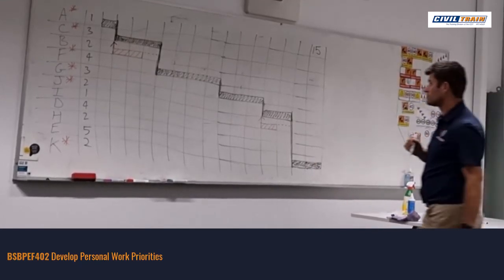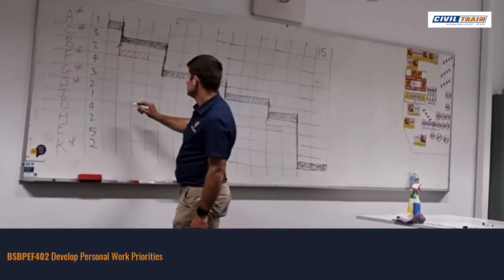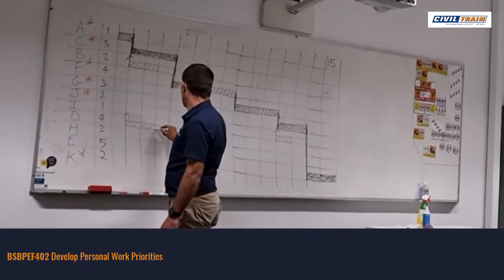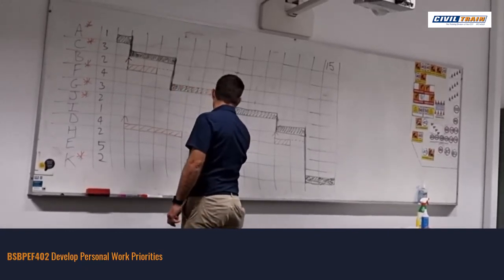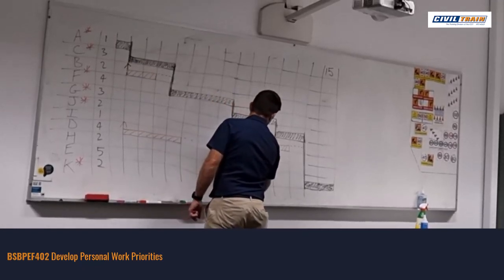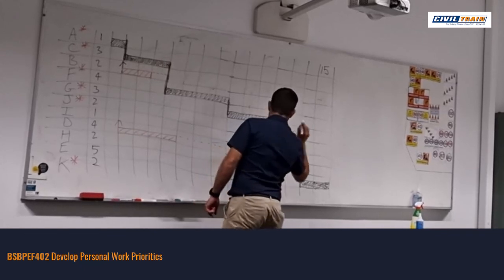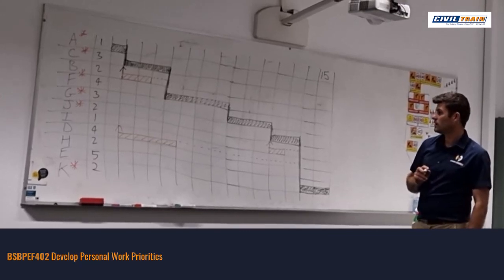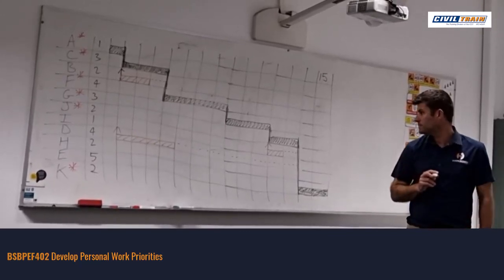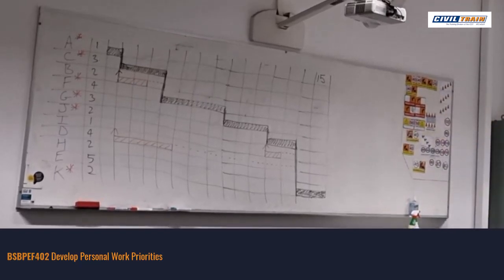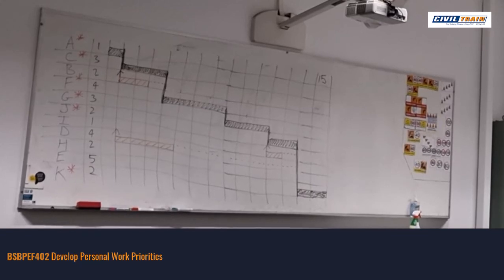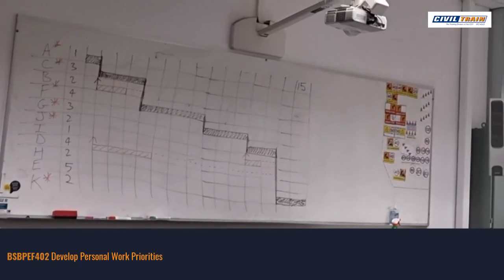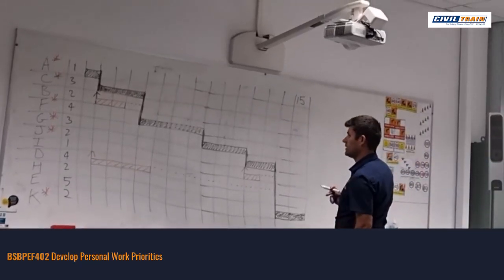Then I've got D, which I don't think it's that's got a lot of I think H is dependent on D and F. Where's F?